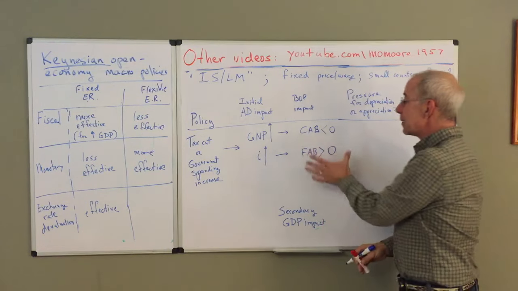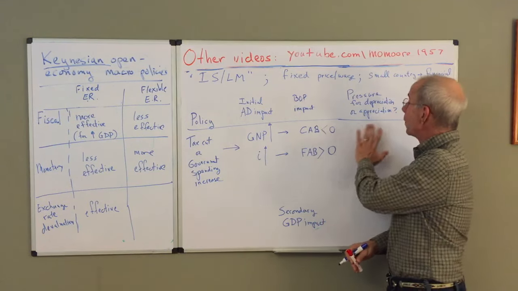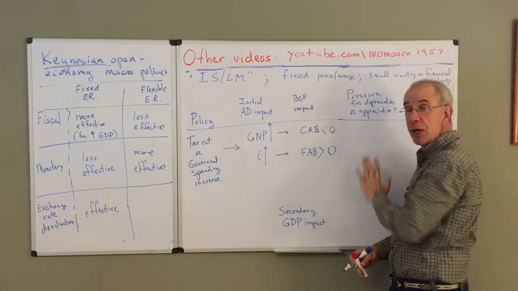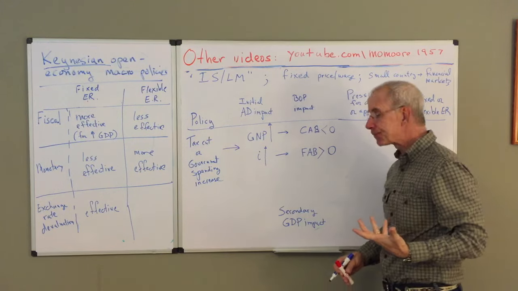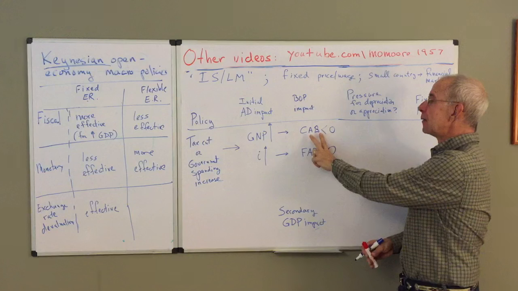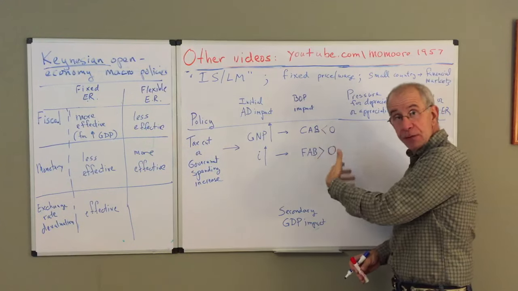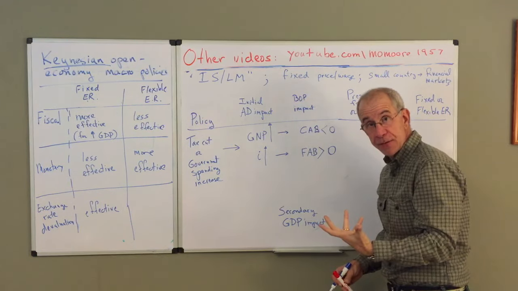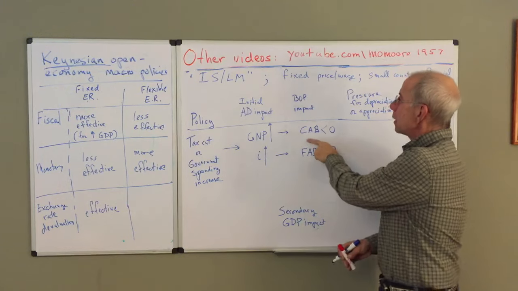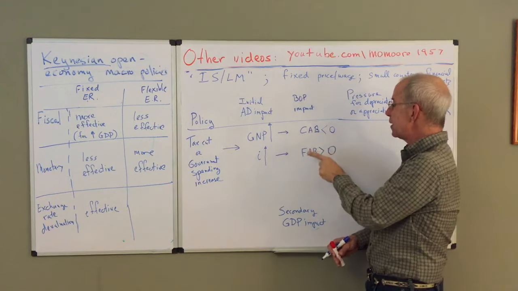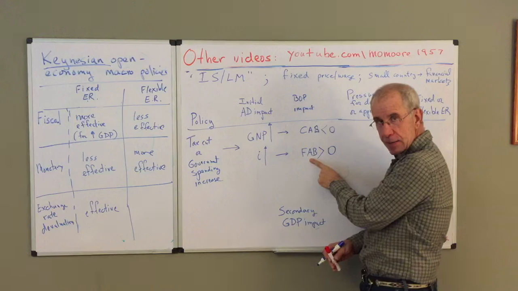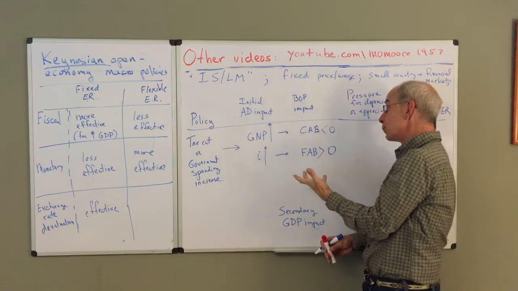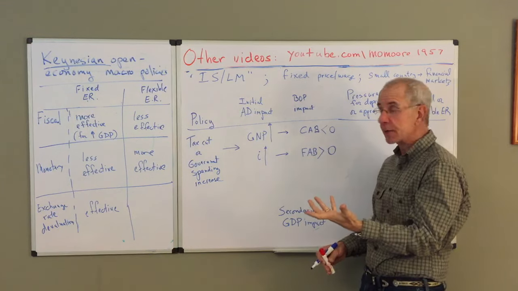Now, the next step is to look at whether there's pressure for depreciation or appreciation. And for that, we need to look at whether or not there's a balance of payments surplus or deficit. Current account tending to go into deficit, private capital account tending to be in surplus. Well, which one is a bigger effect?